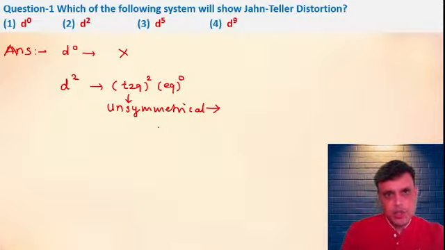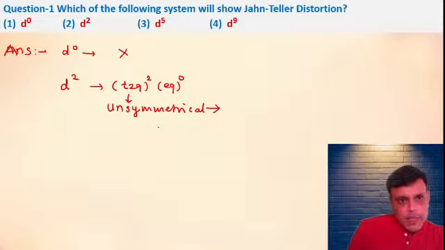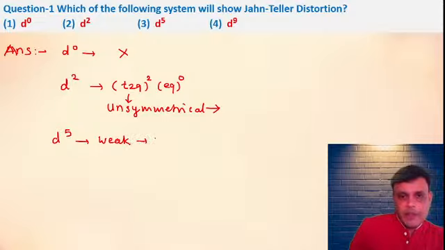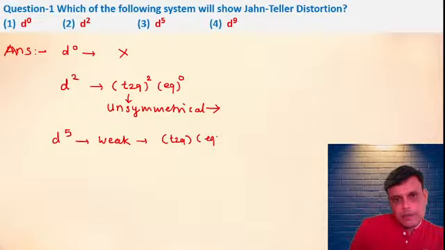ठीक है. Okay, चलो. Then take another system, D5 system. First of all, take weak field complex, and tell me the electronic configuration. For the D5 system, first we will take weak field complex, then in another case we will take strong field complex.